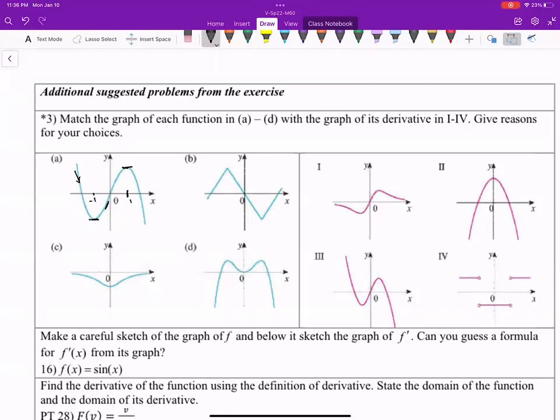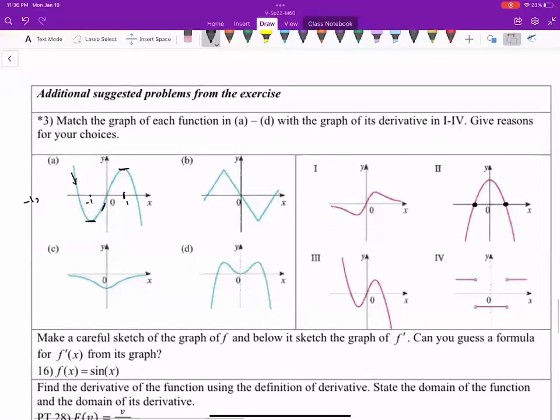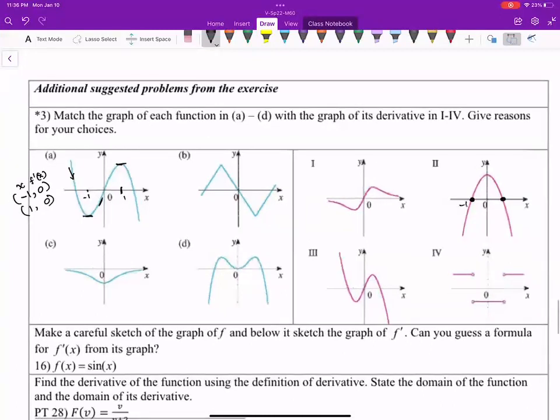That looks more like number 2, because at -1 and +1 the graph crosses. At -1 there is a horizontal slope, so the derivative at that point is 0. You have to look for the graph with y equal to 0 at -1 and at +1. So the answer to this one looks more like figure 2.